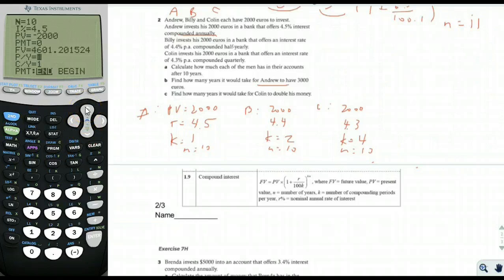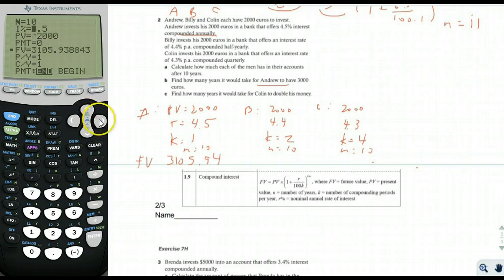So now we just put the cursor on top of FV, and we do alpha solve. So we get 3105.94. So future value is 3105.94.